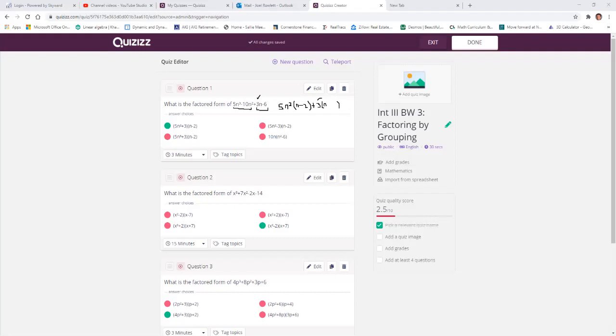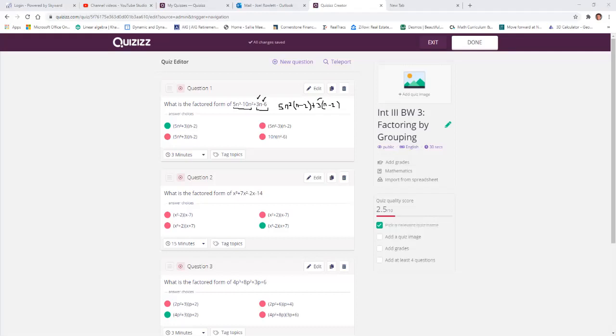And then I would have to have a minus 2 here, because if I multiply positive 3 times negative 2, that would give me the negative 6 that we're looking for here. Now I'm not finished. The only thing I have done is I have factored the GCF out of each term.